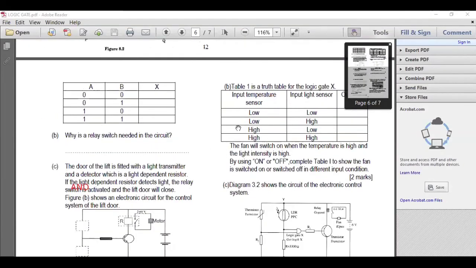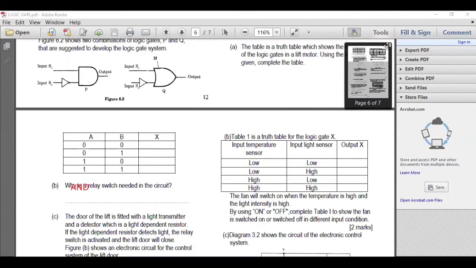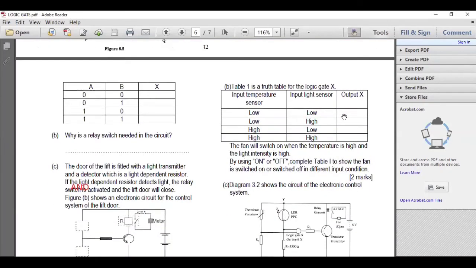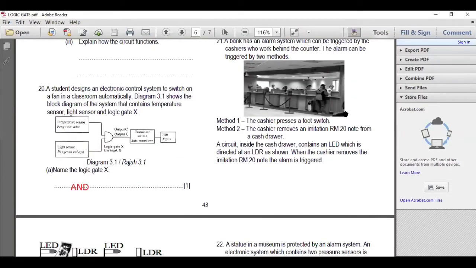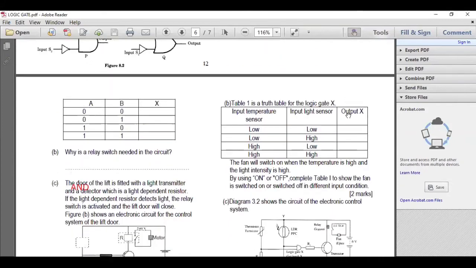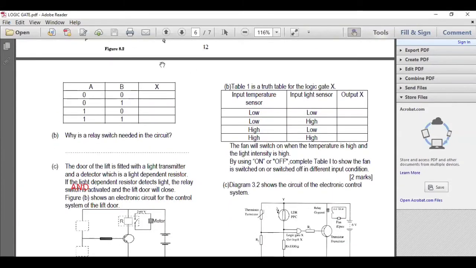Okay, so Table 1 is a table. They ask you to complete the table. So low, high: low means 0.